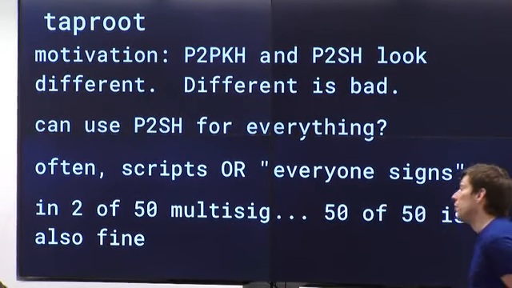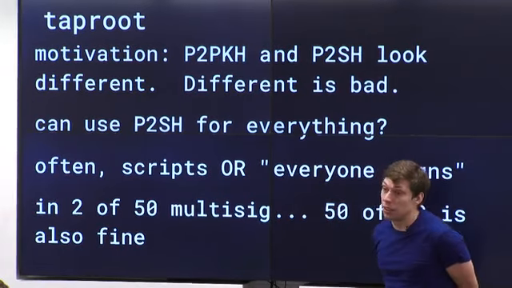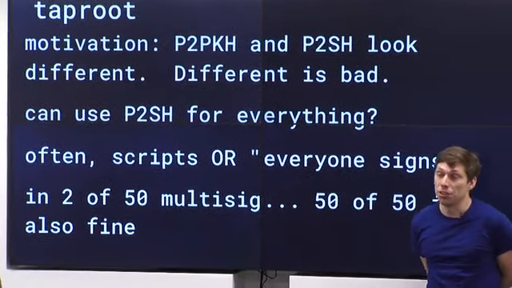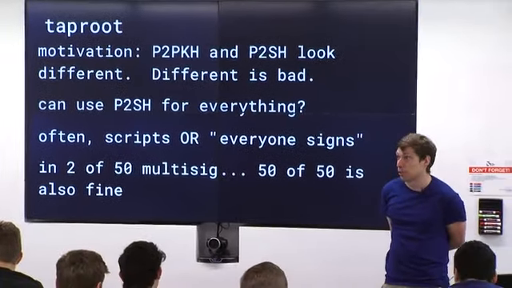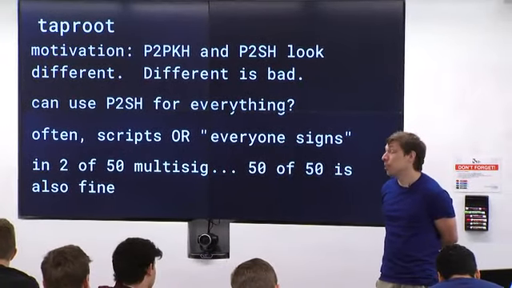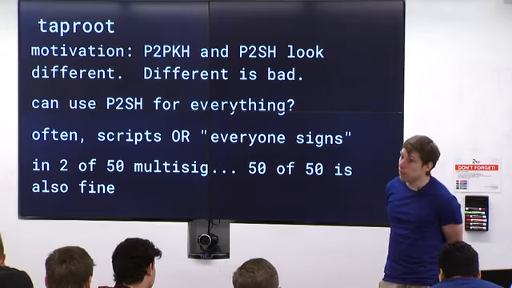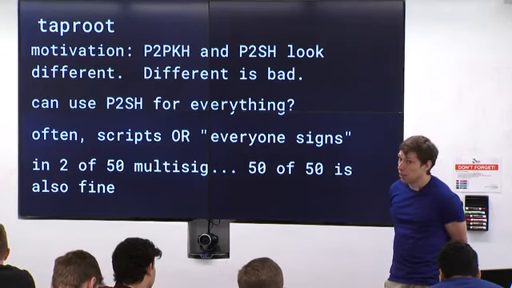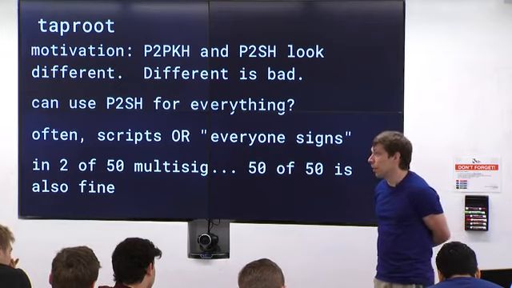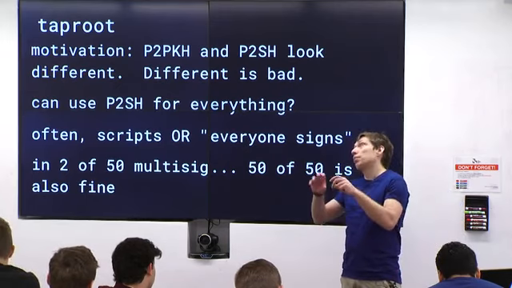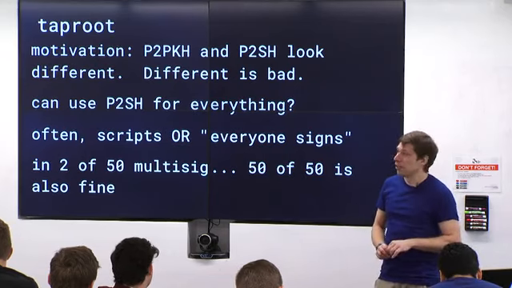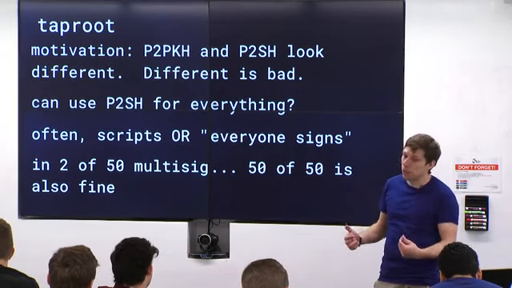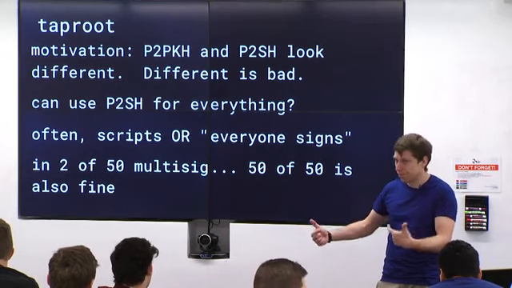So one thing you could do is just use pay to script hash for everything. You can put a pub key, essentially a one of one multisig, or just the pay to pub key hash script in pay to script hash. You wouldn't do that. You'd have the direct pay to pub key put into a script hash, so that it looks like a script hash, and then the script is public key OP_CHECKSIG.